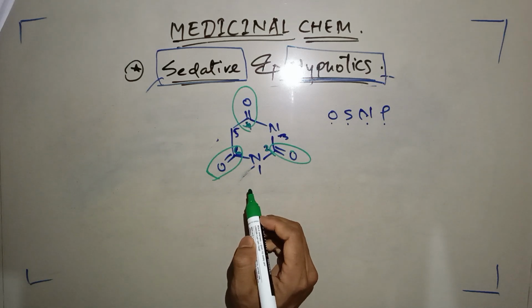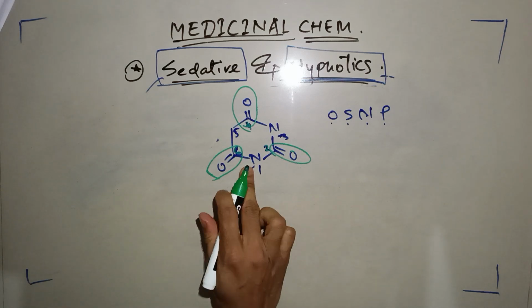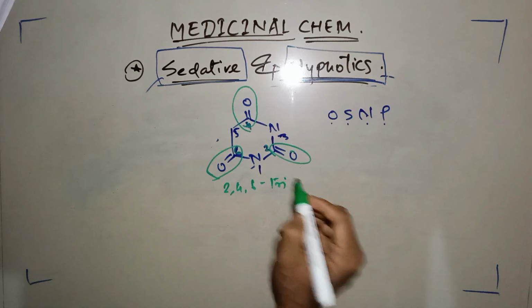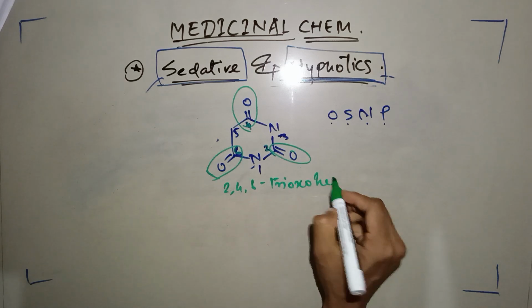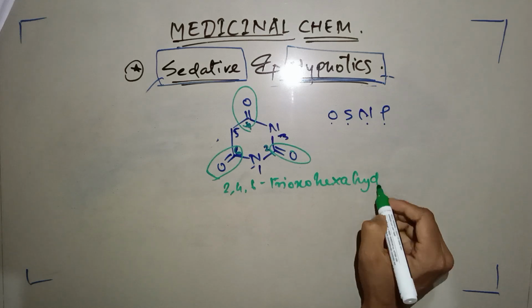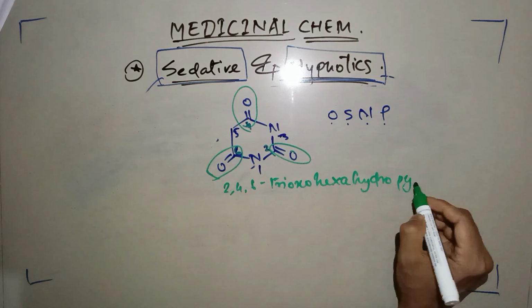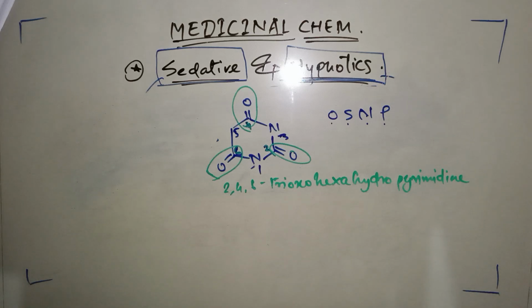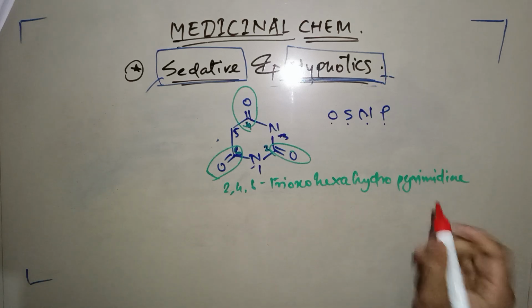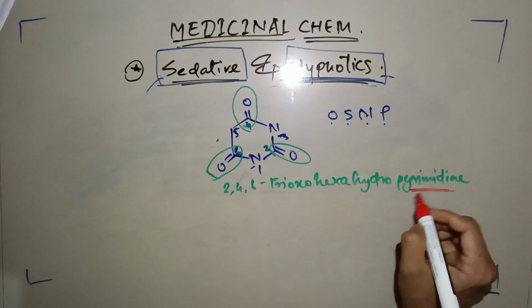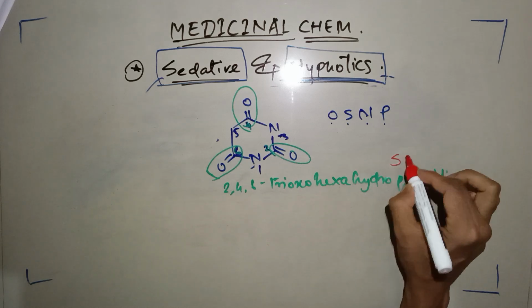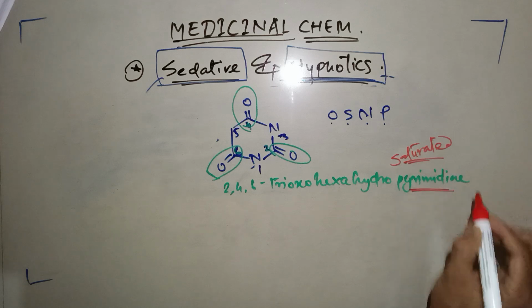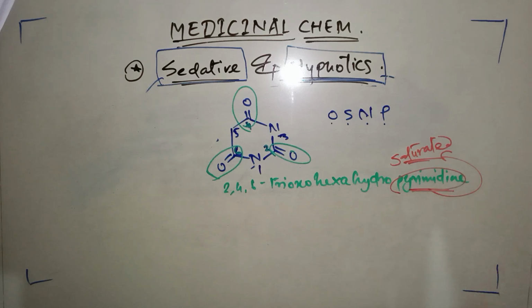Okay, so you have to remember one thing. First we write 2,4,6-trioxohexahydropyrimidine. You have to remember that the pyrimidine in barbiturate is saturated. Okay, so this pyrimidine is saturated.